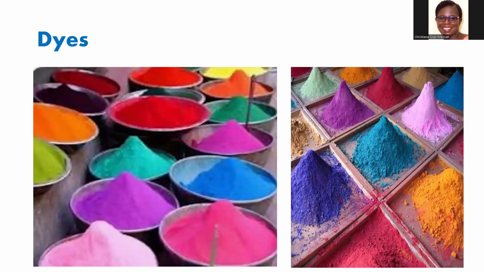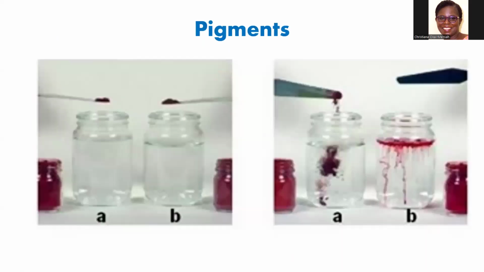So these are examples of dyes that you're going to use. Then these are the pigments. So you can see this pigment, it is resting on the surface of the liquid here. So they cannot mix, like pouring oil inside water.